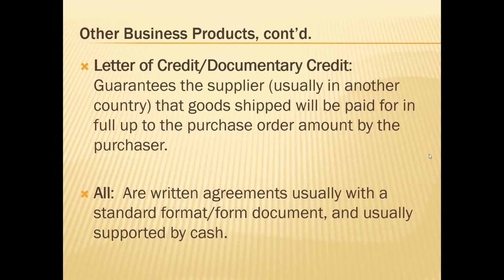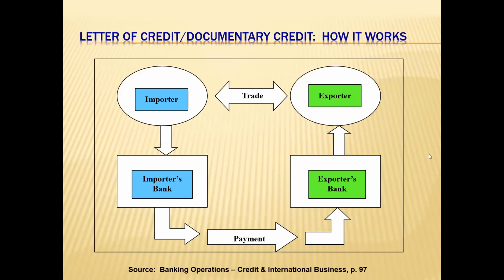You see here, they're all written agreements, usually with a standard form or format document, and usually supported by cash. The next screen will show a diagram of the letter of credit, documentary credit, and the flow of payment.